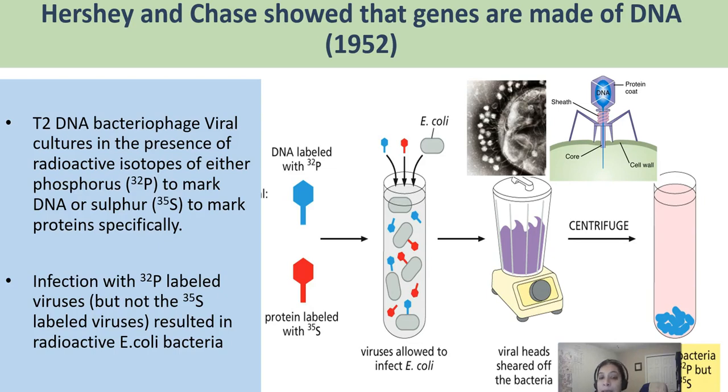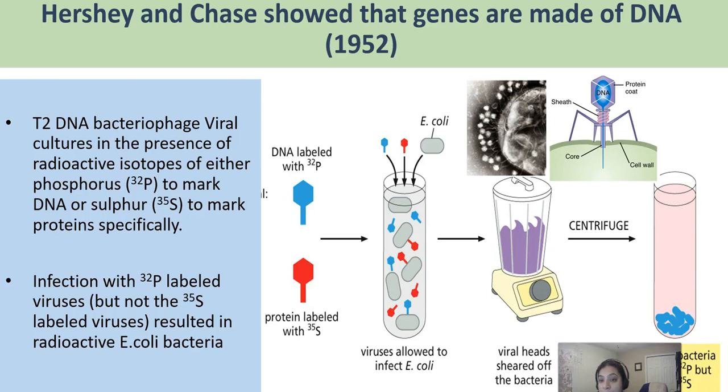And so once they had labeled the bacteriophages, they then infected E. coli with these cultures. So they were either the P32 labeled viruses or the S35 labeled viruses.